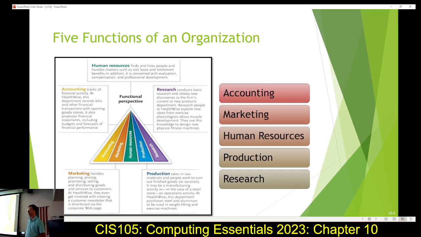Finances, money, right? What does marketing deal with? Profits, exactly. Because we got to sell our product, our idea, our service, whatever we're trying to sell. Marketing is a key function. Who does human resources deal with? Us, humans, right? Exactly. You're on it today.